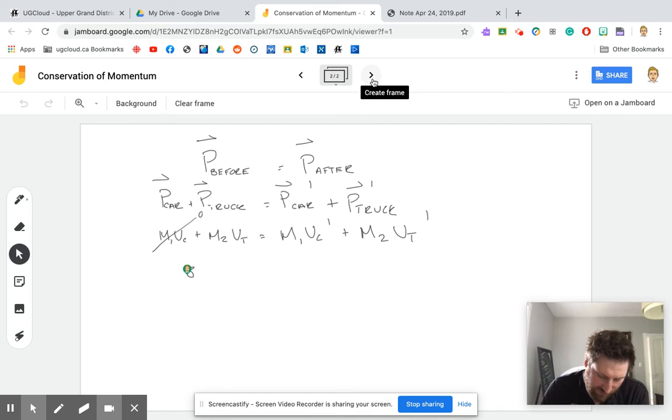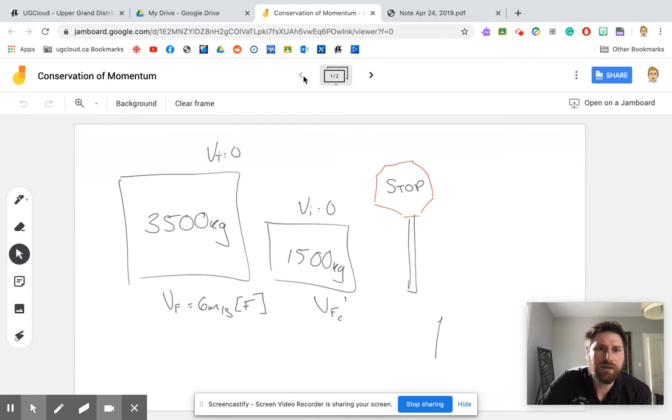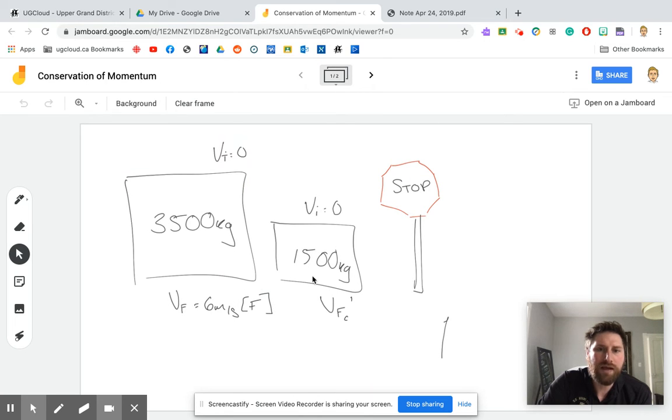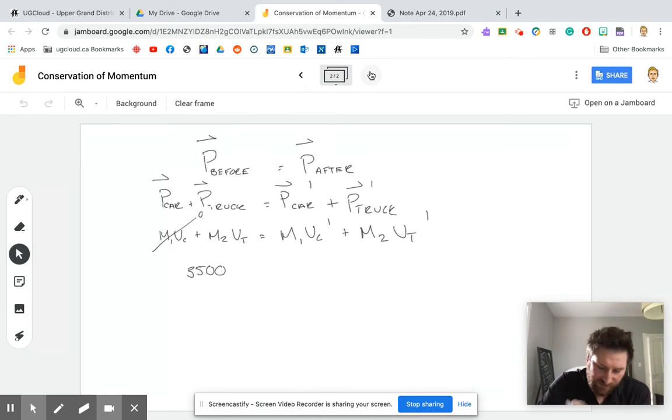So 3,500. Do we know how fast the truck was going? Oh, we're asked to find the velocity of the truck before the collision by using the momentum after the collision.